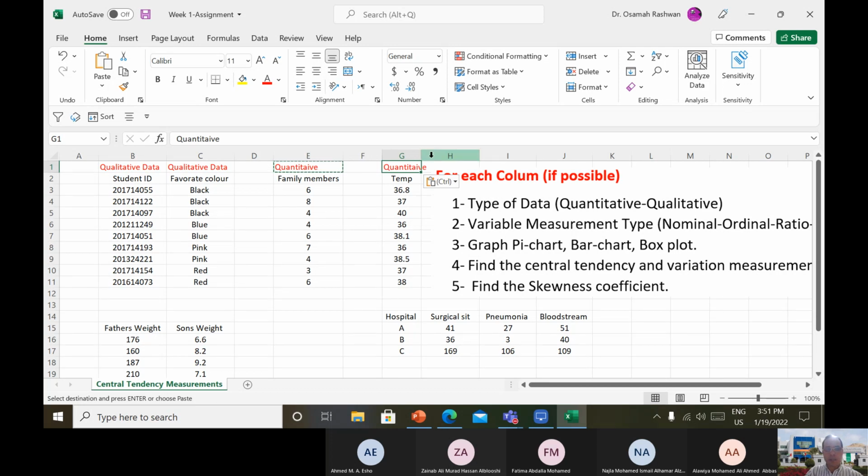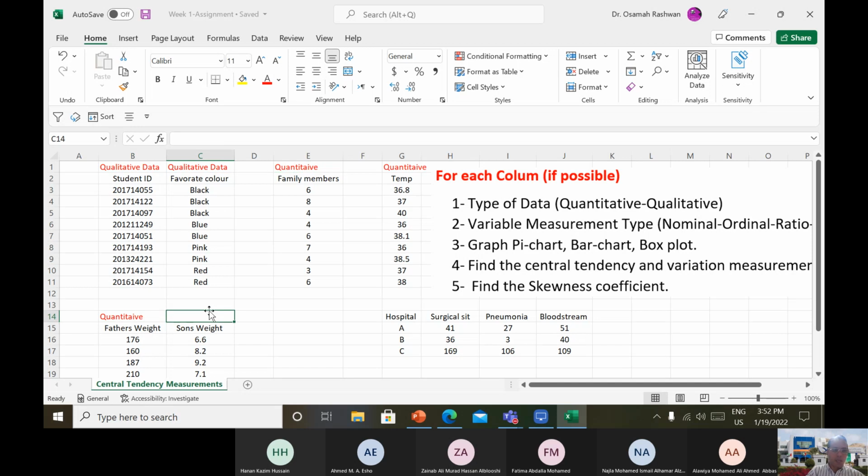Now, let's go down. If you have the father's weight, so it is the weight in general, quantitative or qualitative? Quantitative. Excellent, very good. If you go for the weight of the son, it's also quantitative.